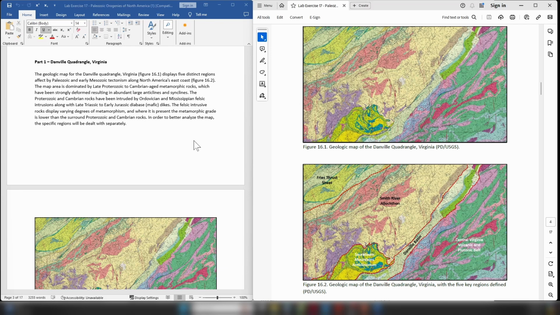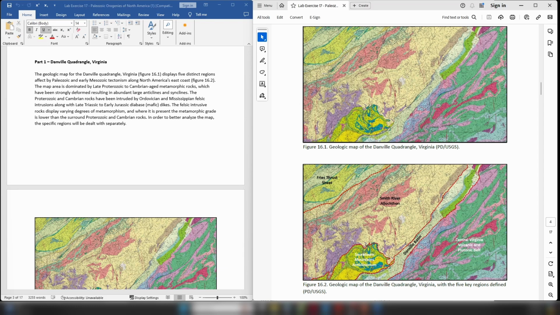Now, when we look at our map of the Danville quadrangle, you can begin to see that there are several distinct regions. If we begin by looking at the map, we can see straight away that there is clearly this region here, picked out by units which have a quite bright neon colour. They've got these dark blues, greens and yellows, so that area stands out quite a lot from the rest of the map.